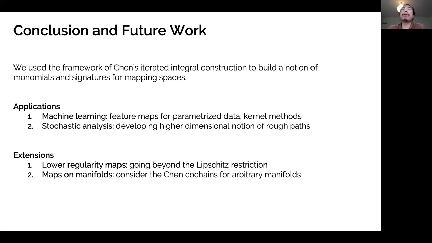Another maybe more theoretical reason why we want to look at cubes rather than simplices is that there are more natural composition structures. Something that I didn't talk about for the mapping spaces is some analog of Chen's identity, where we said that for the concatenation of two paths, we can compute the signature of the concatenation by the tensor product.